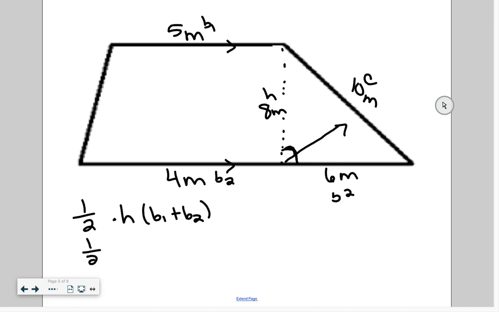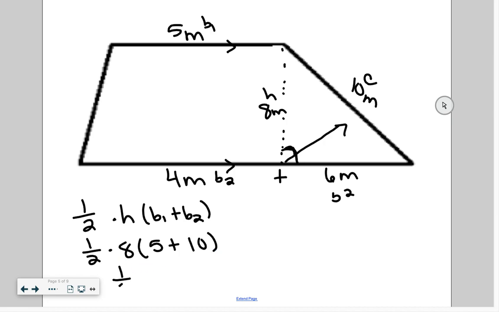Our height is 8. Base 1 is 5. And here's where it kind of gets a little tricky. Base 2 is this whole section right here. We know that this part of it is 4 and this part is 6. So in order to find the length of that whole base, we have to add those two values, which means it's 10.